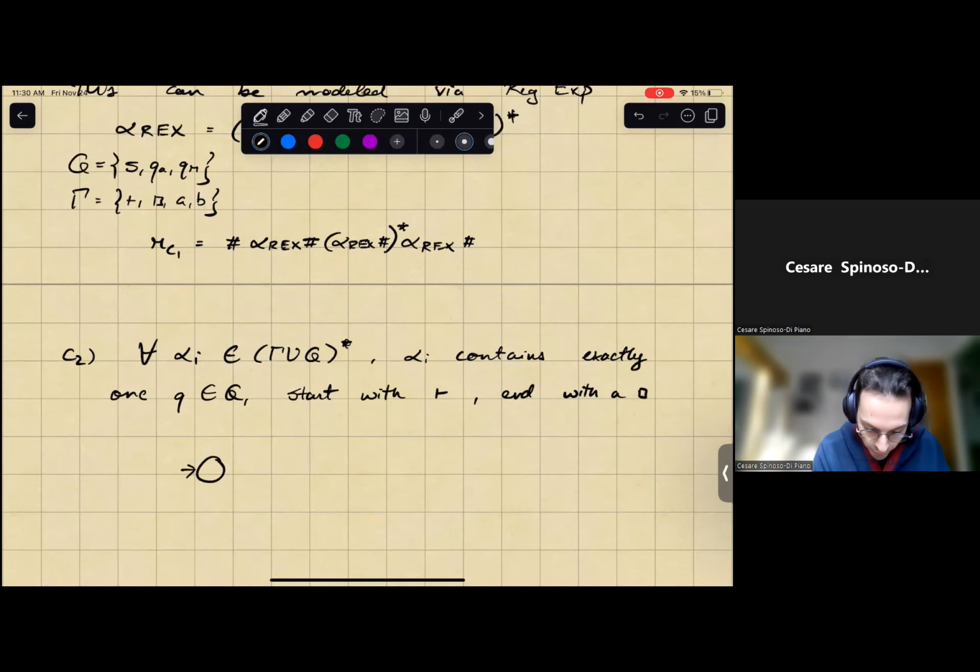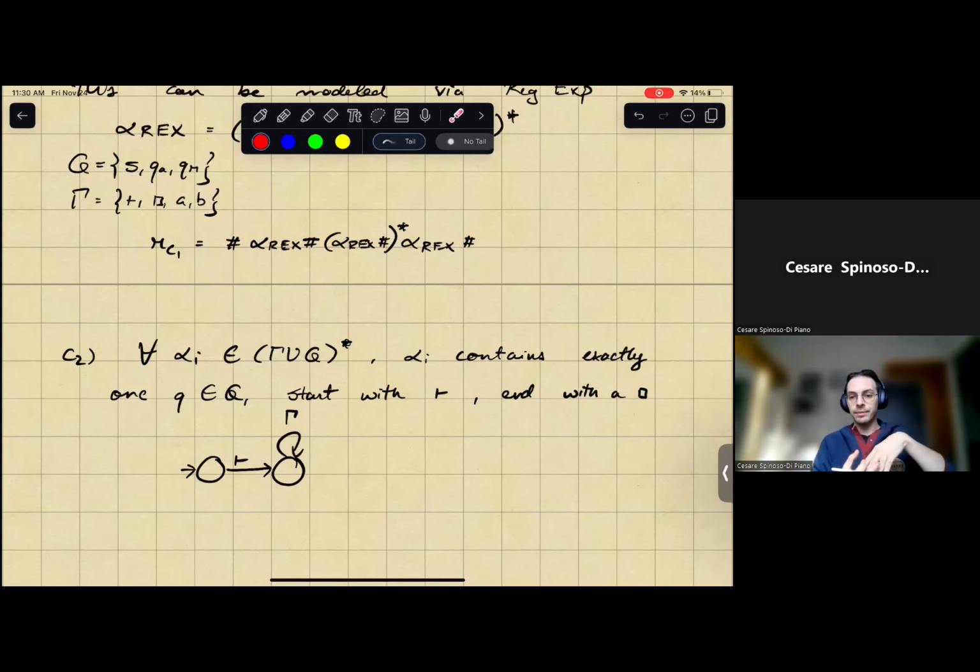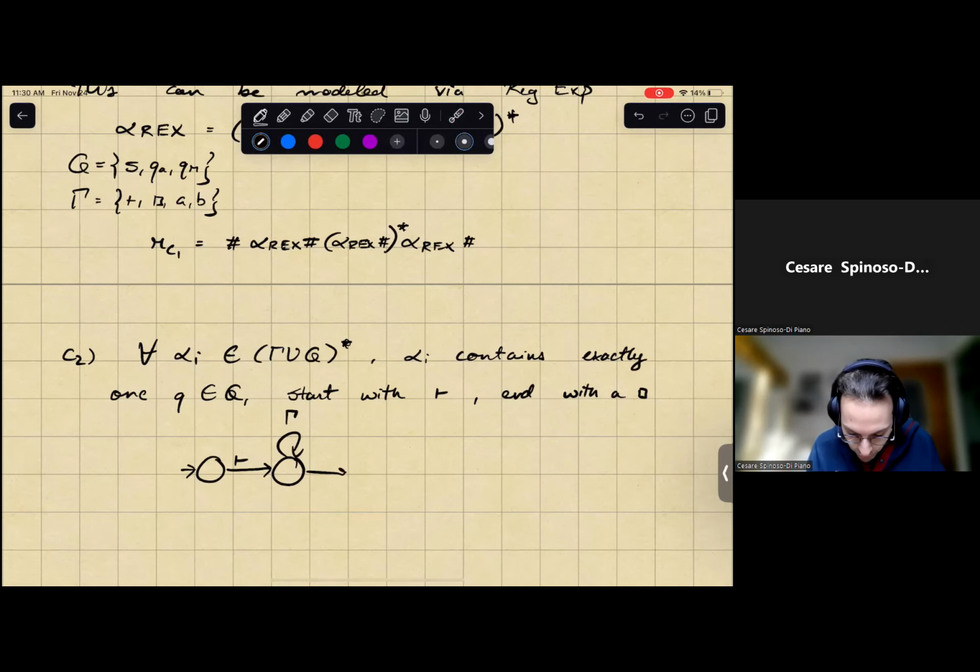So you have to start with the dash, and then you can have any number of letters over gamma. So let's just represent this with gamma. This is an abuse of notation, but I'm just saying this edge is labeled with all of the letters from gamma. And then at some point you have to have Q, right? You have to have a single Q in Q.